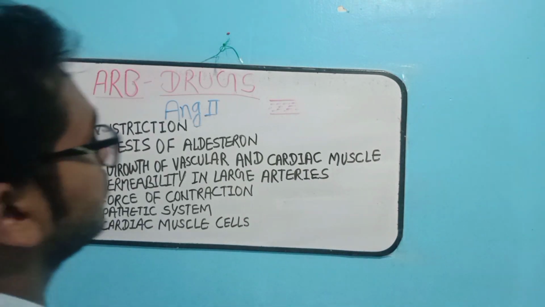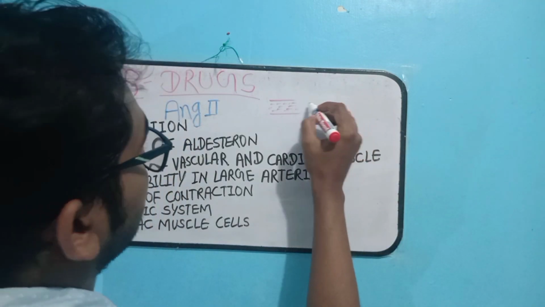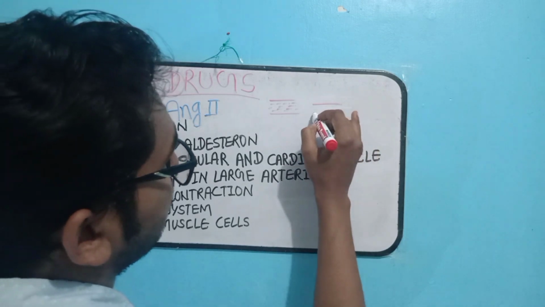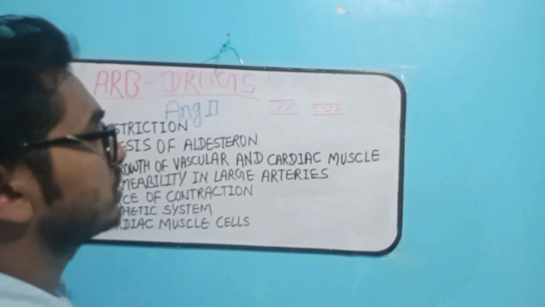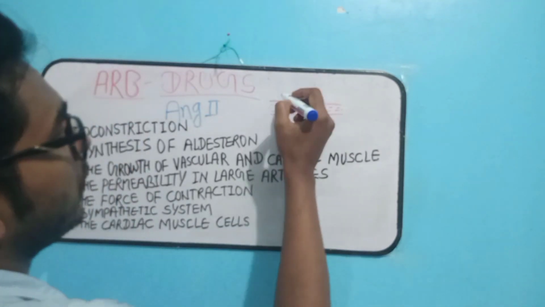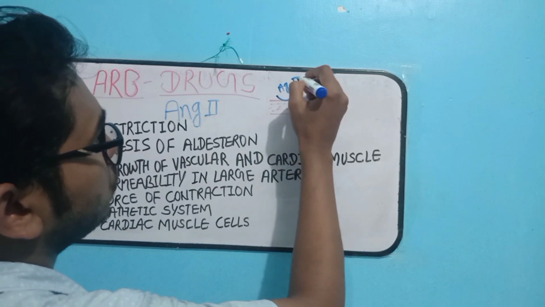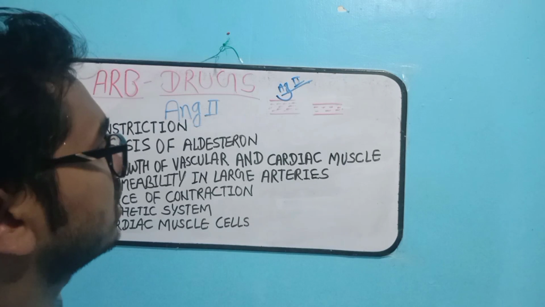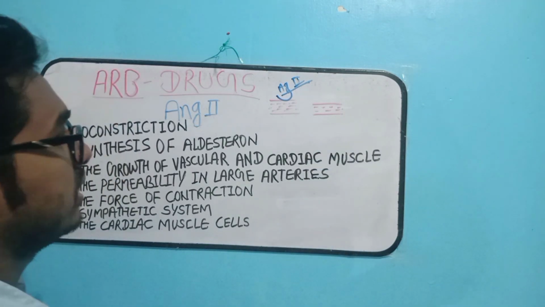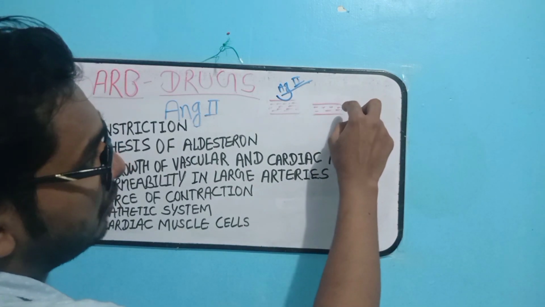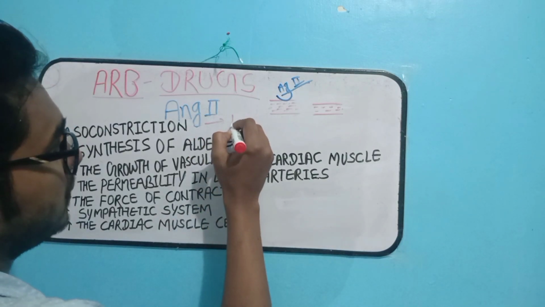When the receptor gets activated, the blood vessel becomes narrow in diameter, and due to this narrowing, the blood pressure increases.